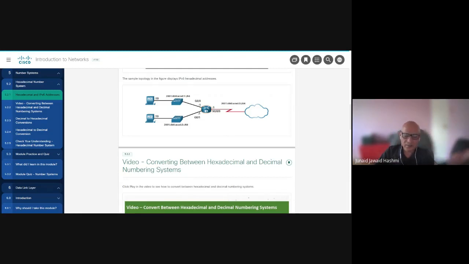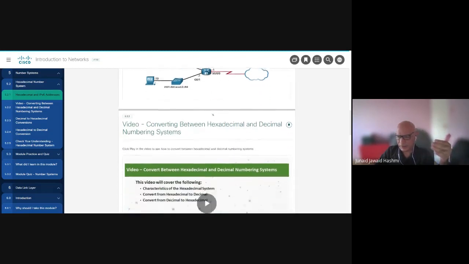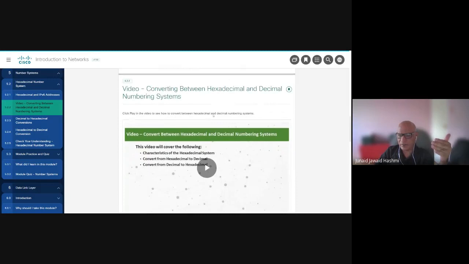Some older routers or switches are not able to recognize IP version 6 because their software is not updated. But later on you will learn how to configure IP version 6 addresses. That would be part of the exam of module 16, where you have to configure IP version 6 addresses on devices as well.